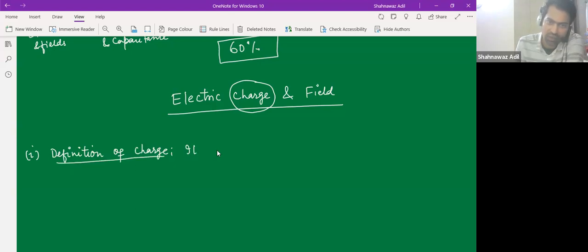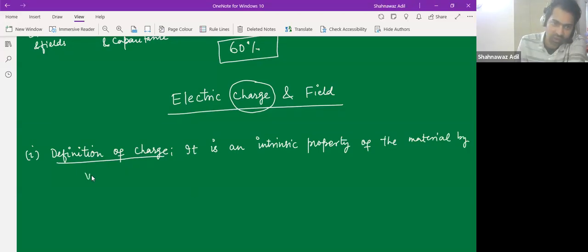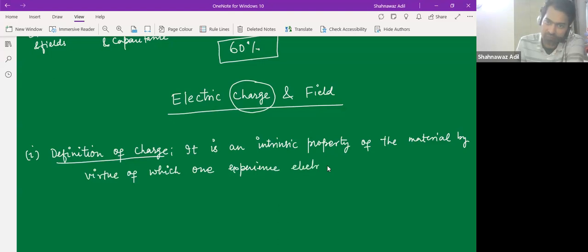It is an intrinsic property of the material by virtue of which one experiences electric field, force, and potential, etc.